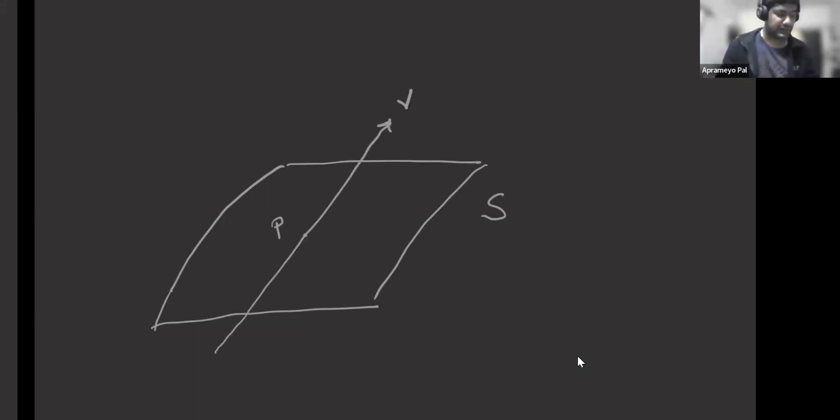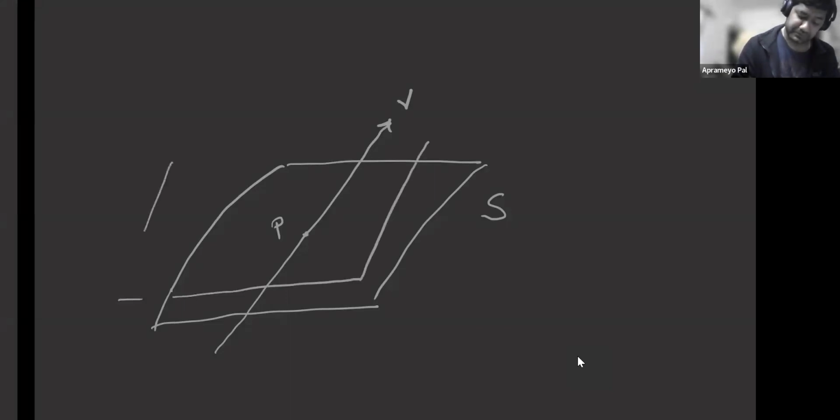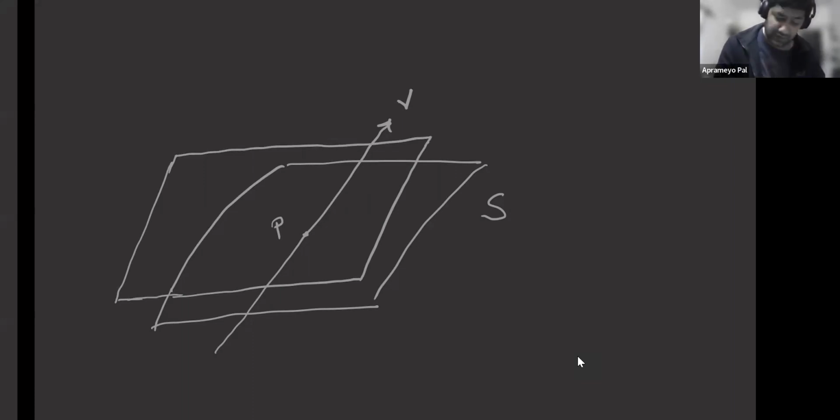Let this be a surface S. And let this be a point P, and let this be the unit tangent vector to S at P. Accordingly, let me consider this as the tangent plane. Okay, that's the tangent plane.